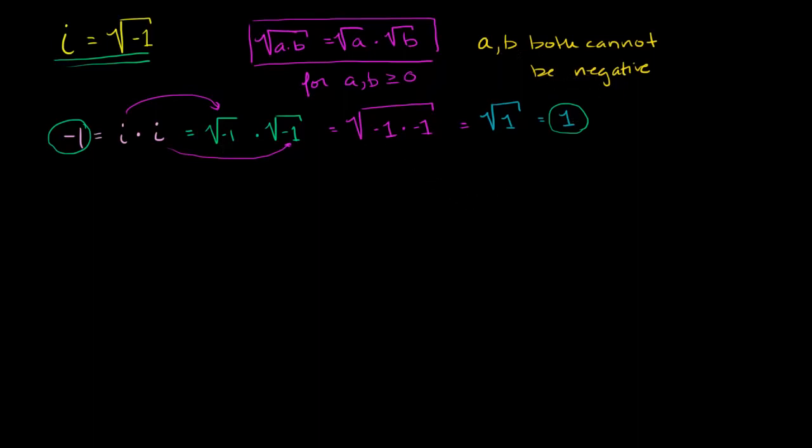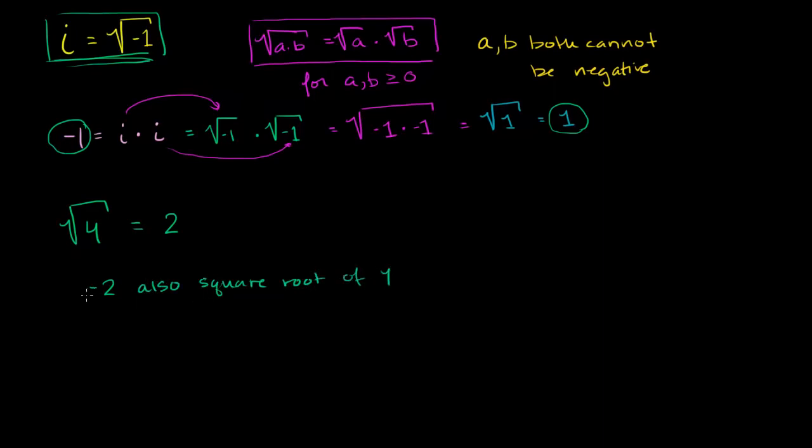Now, I've just spent the last 3 minutes saying that people who tell you that this is wrong are wrong. But with that said, you have to be a little bit careful about it. When we take traditional principal square roots, so when you take the principal square root of 4, we know that this is +2. That 4 actually has two square roots. -2 is also a square root of 4.